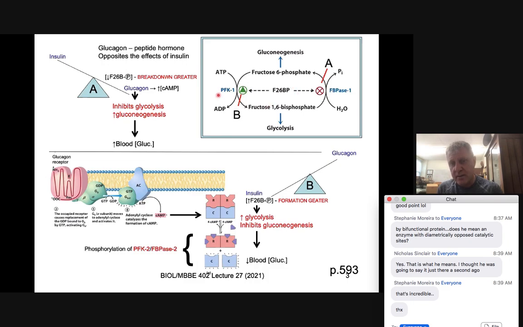But noting again, we're dealing with two isoforms of an enzyme, a phosphofructokinase number 1 and a phosphofructokinase number 2, versus the fructose bisphosphatase number 1 and the fructose bisphosphatase number 2. But they do two separate things.